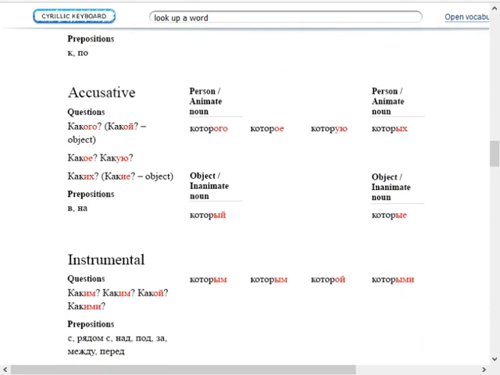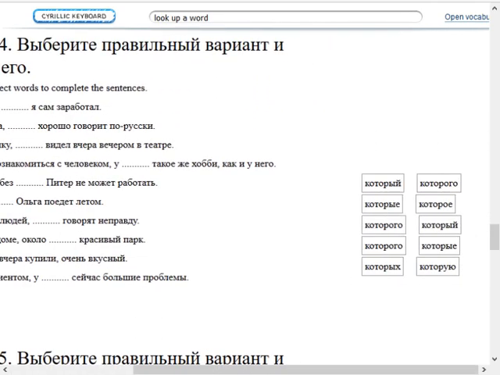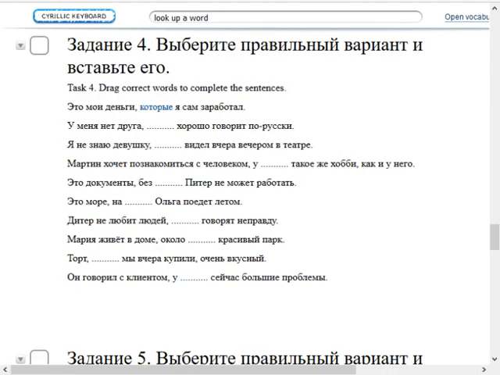Money is not a living thing. So on the right, you should see которые. So I'm going to go ahead and say that the correct form here is которые, because it is an inanimate plural in the accusative case.